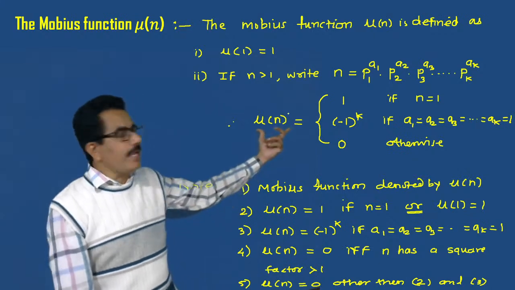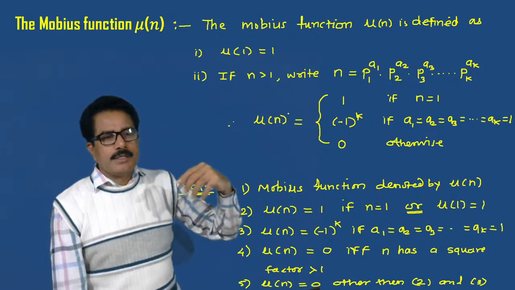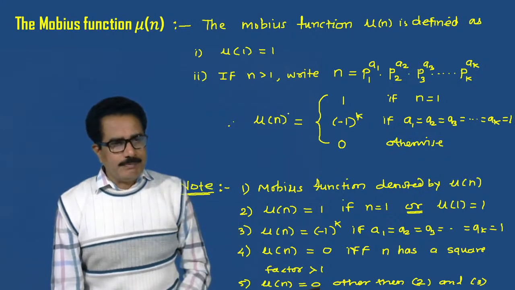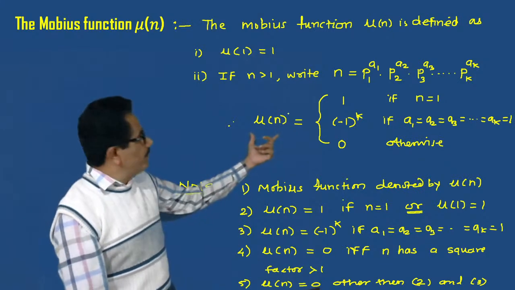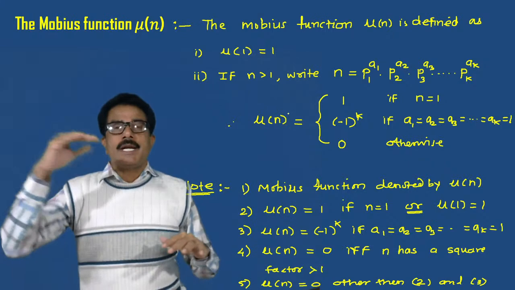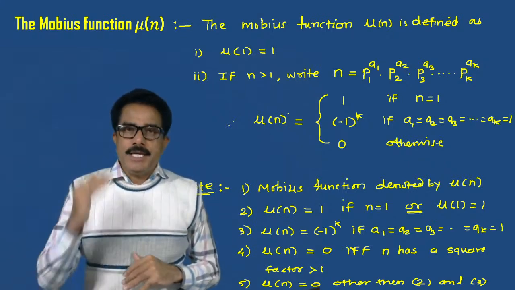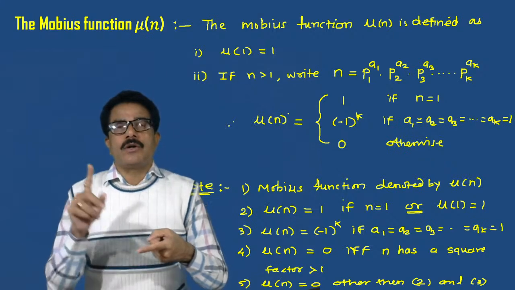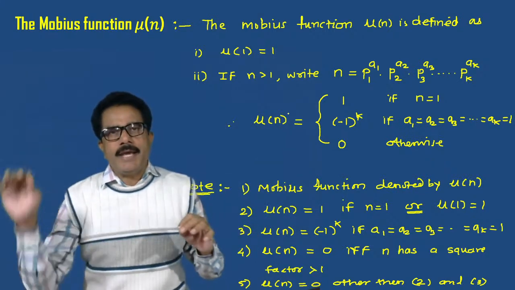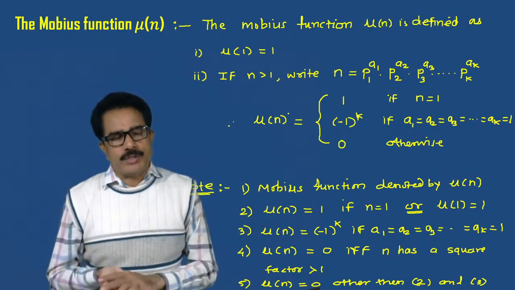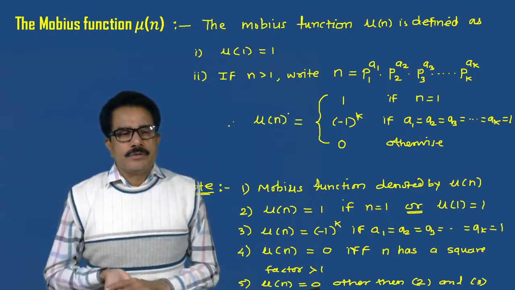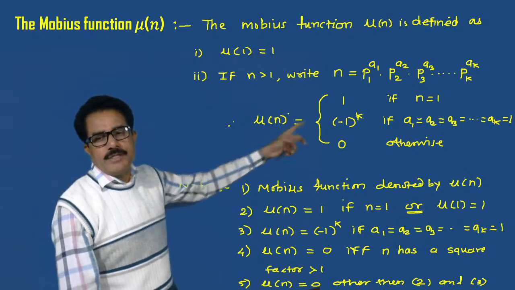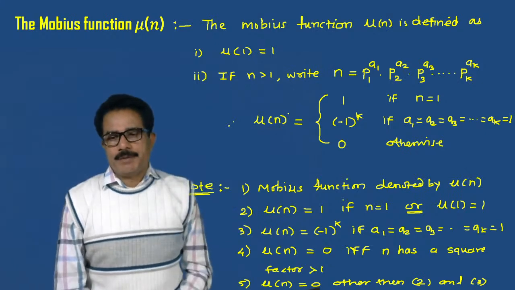The value of mu of n is equal to 1 if n equals 1. The value of mu of n is equal to minus 1 raised to k if a1 equals a2 equals a3 equals ... equals 1. If all of a1, a2, a3 are equal to 1, then we can write mu of n equals minus 1 raised to k.